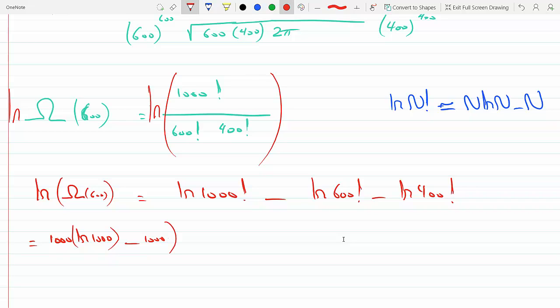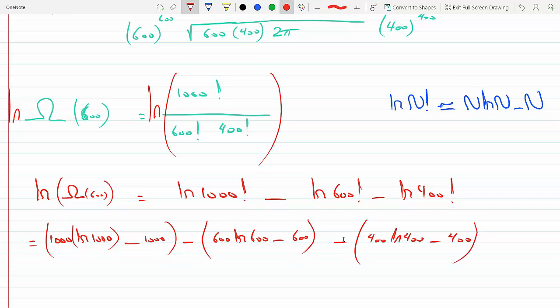Okay, that's the first one. And then the second one, 600 ln 600 minus 600. And then the last one is 400 ln 400 minus 400.